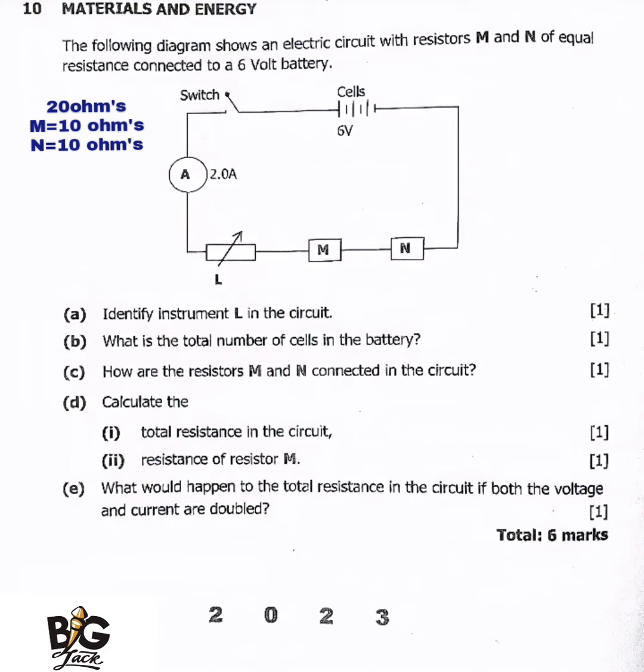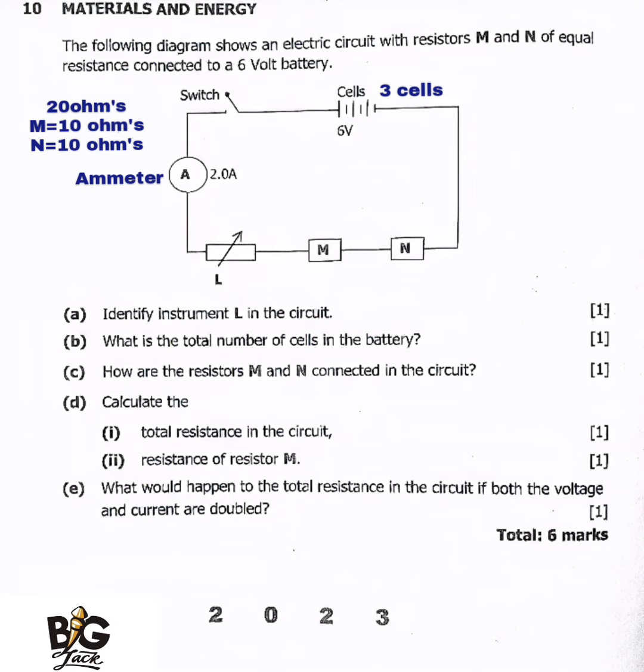As for A, this instrument is called the ammeter. The ammeter is usually denoted by capital letter A. The ammeter measures electric current.